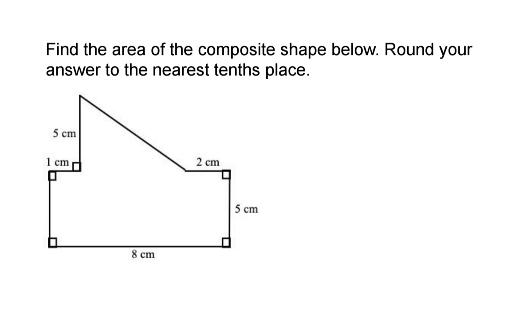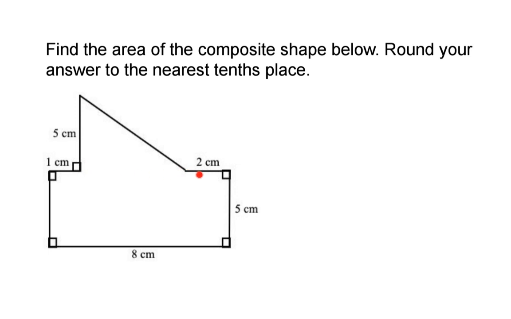All right, so the next example says find the area of the composite shape below, round your answer to the nearest tenths place. So we're looking at a similar example. We have a rectangle right here that is 5 centimeters by 8 centimeters, and then we have a triangle on top of that that has a height of 5 centimeters and a base that we do not know.